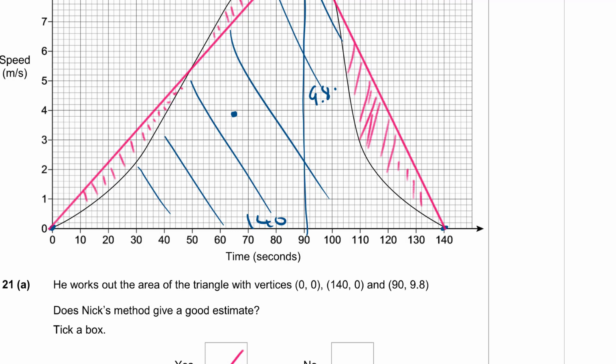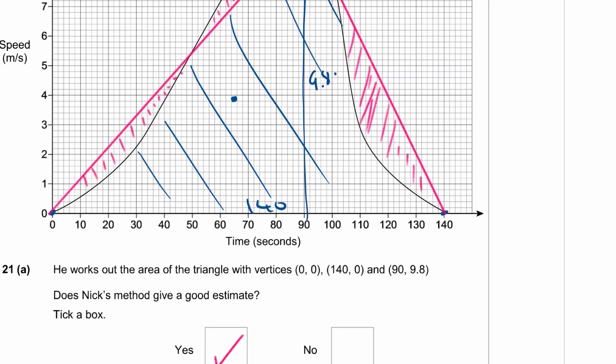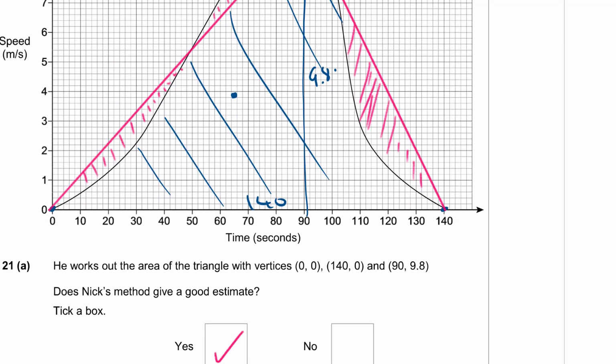So in order to turn that into a distance, we need to know how much one of those squares is worth. This direction on the scale is 2 units, representing 2 seconds, and this unit on the scale is 0.2 of a meter per second.